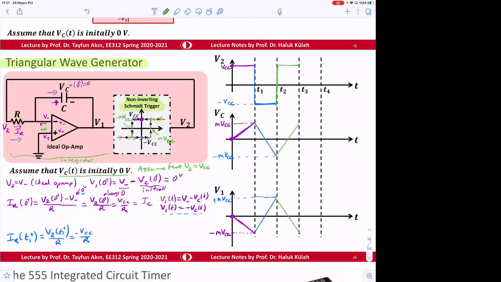And things will again change. So when we look at it, V2 is a square wave signal, but V1 is a triangular wave.